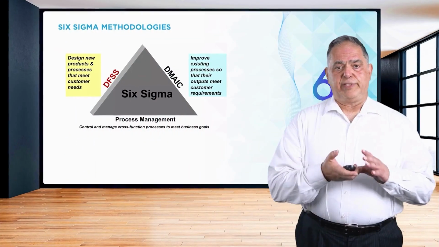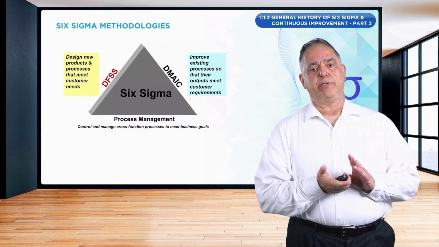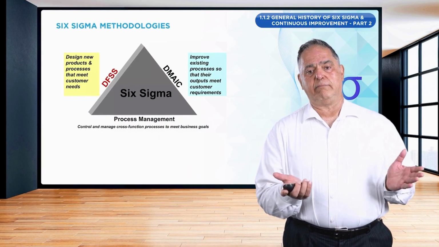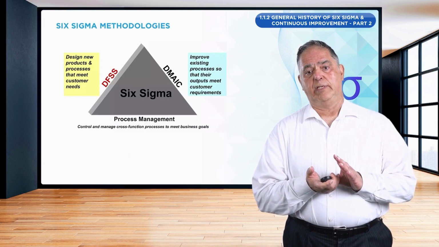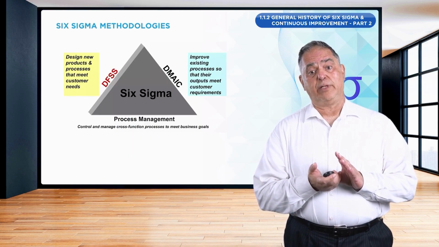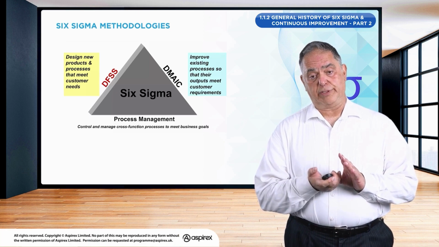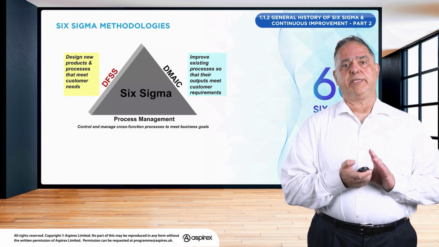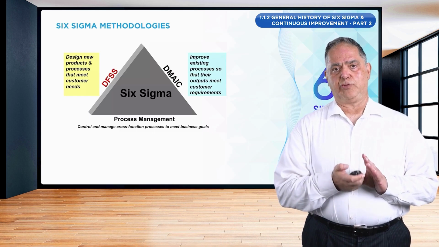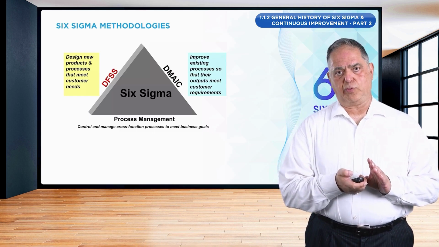This is a very interesting slide because it gives a holistic picture about the Six Sigma methodologies. And we're going to learn that there are three methodologies. The first one is DMAIC. DMAIC is an acronym for Define, Measure, Analyze, Improve, and Control.